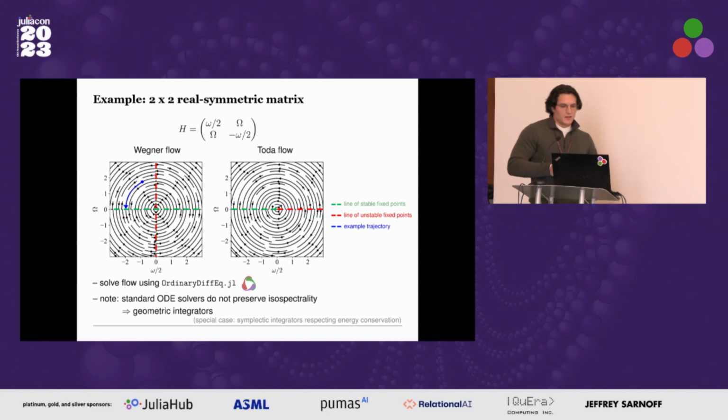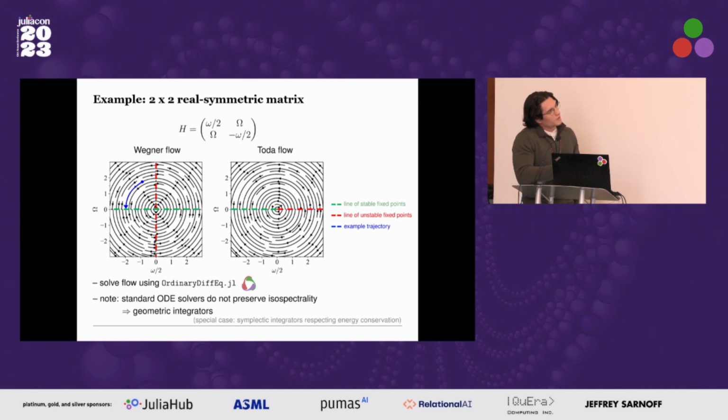You see that in both cases, all of the trajectories in this phase portrait have this circular shape, which comes from the fact that this flow really happens on an isospectral manifold. So it's analogous to rotations in complex space. You also see that they differ in their fixed points.